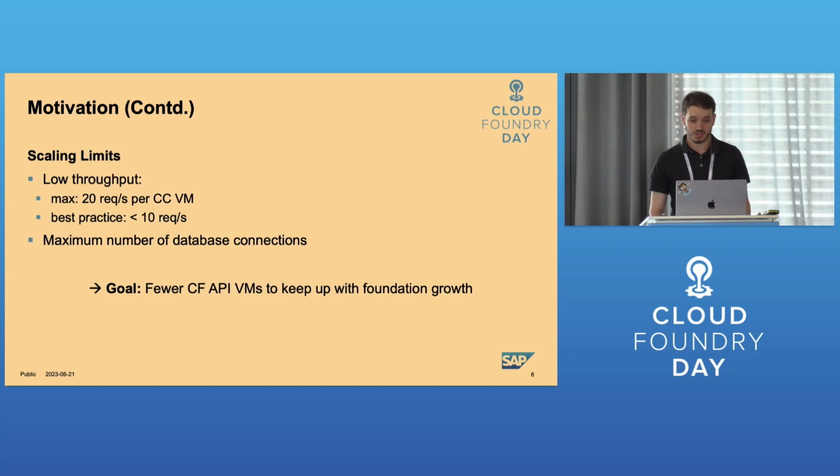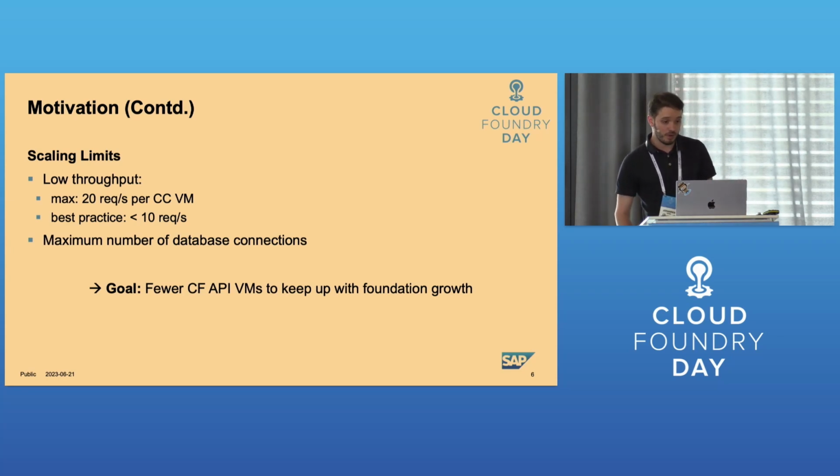That's not very much, and we try to keep it at 10 requests per second or below to have some headroom and to avoid outages. Unfortunately, you cannot just scale the number of Cloud Controllers indefinitely because there's a maximum number of database connections provided to us by the hyperscaler. So this is a hard limit for us, which we cannot work around.